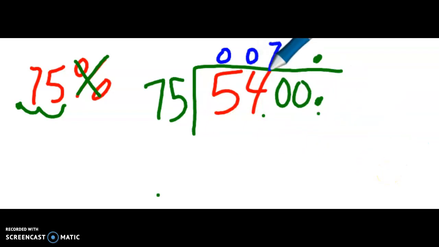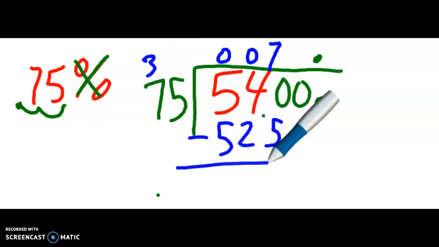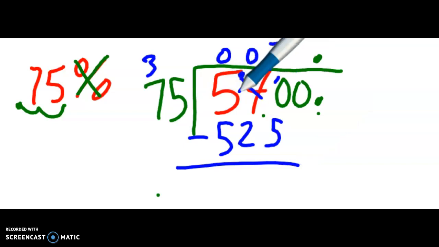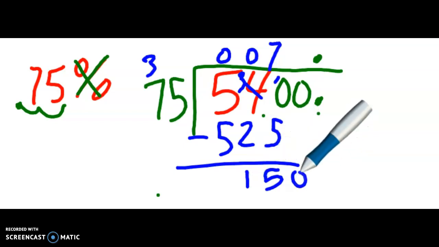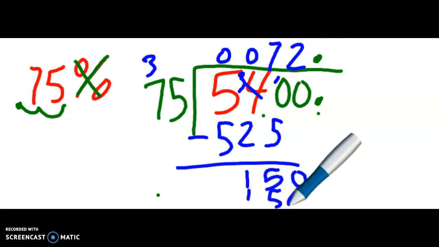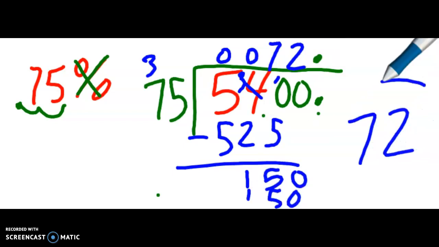So 7 times 5 is going to give me 35. And 7 times 7 is going to give me 49, 50, 51, 52. And then I've got 10, 4, 3, 5, and 150. And I know that 75 twice is going to give me 150. So my answer is 72.